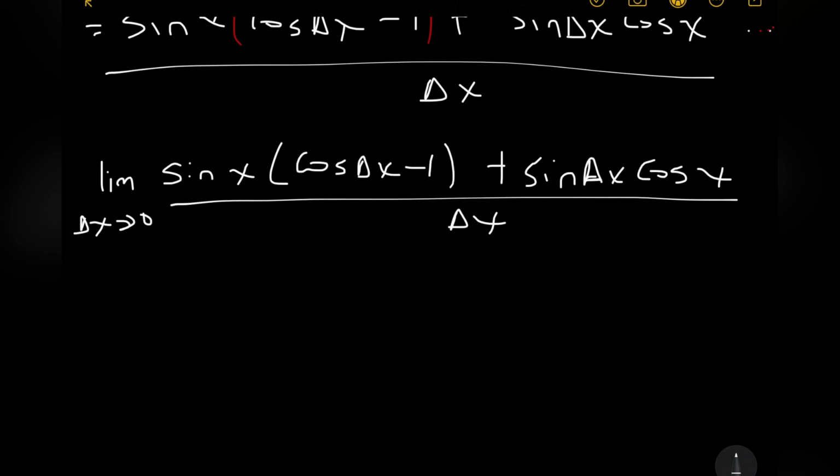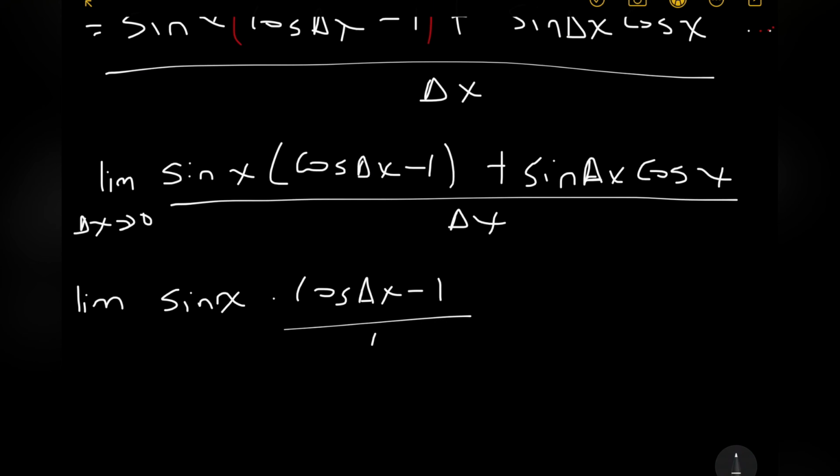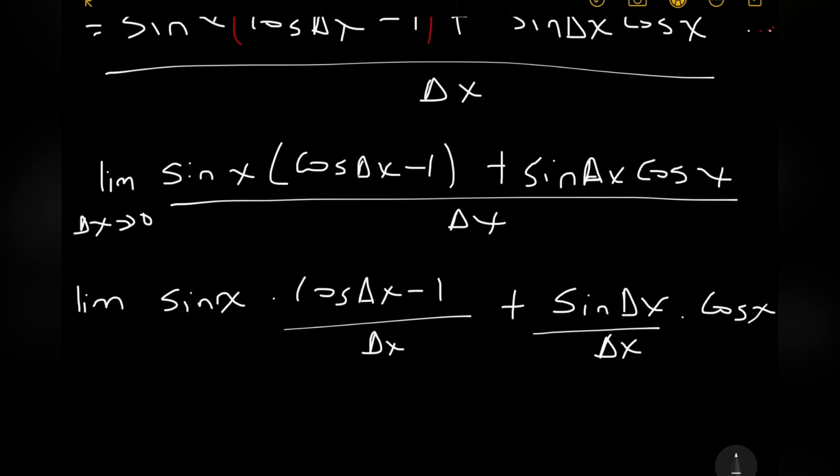This is equal to the limit of sine x times cos delta x minus 1 over delta x, plus sine delta x over delta x times cos x, as delta x approaches 0.